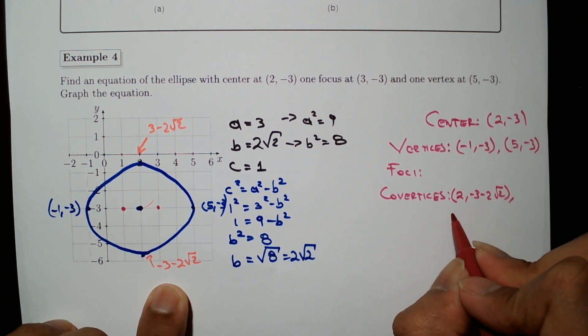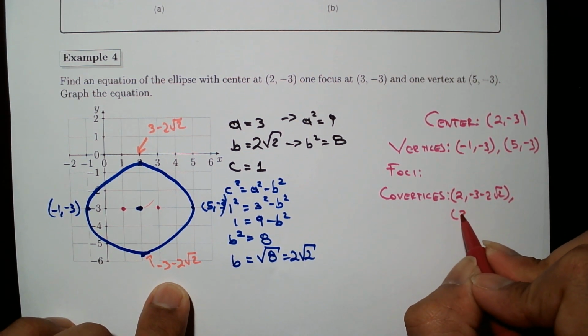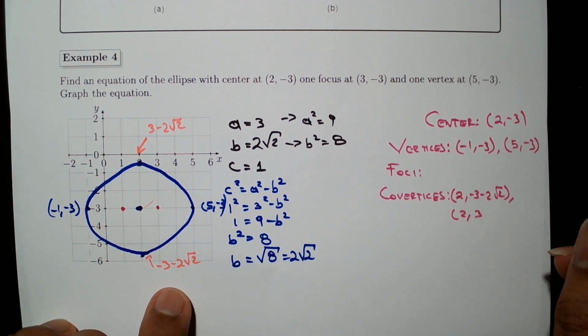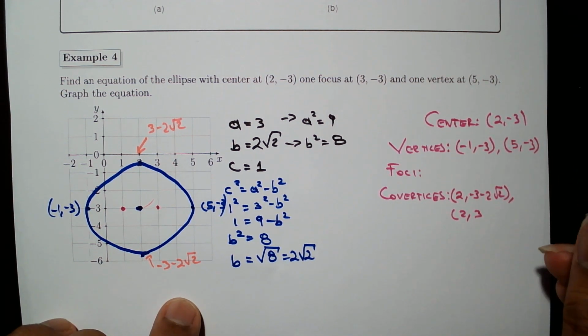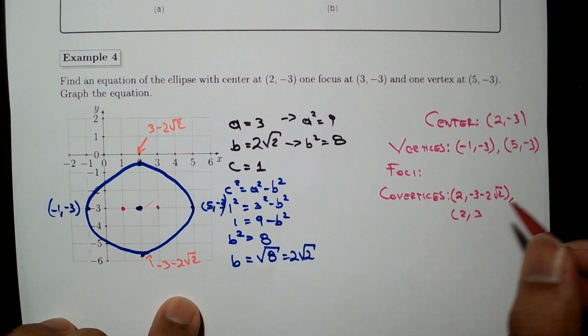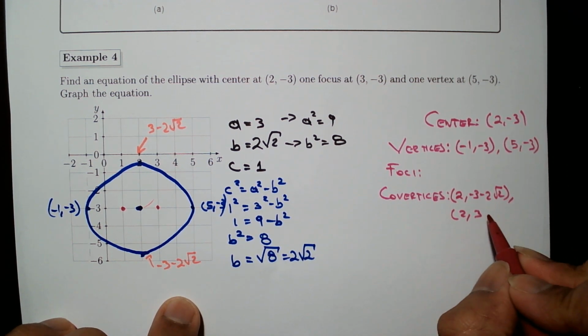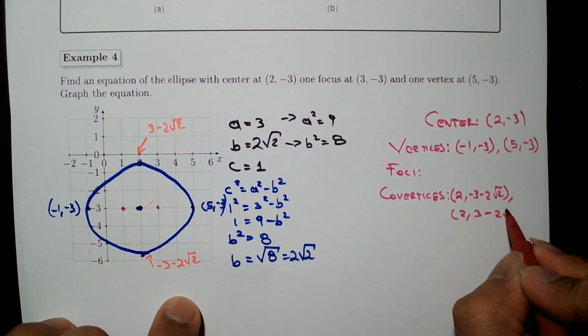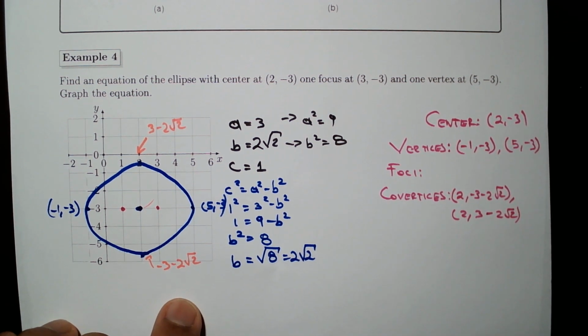And the other covertex is 2 comma 3 minus 2 root of 2.